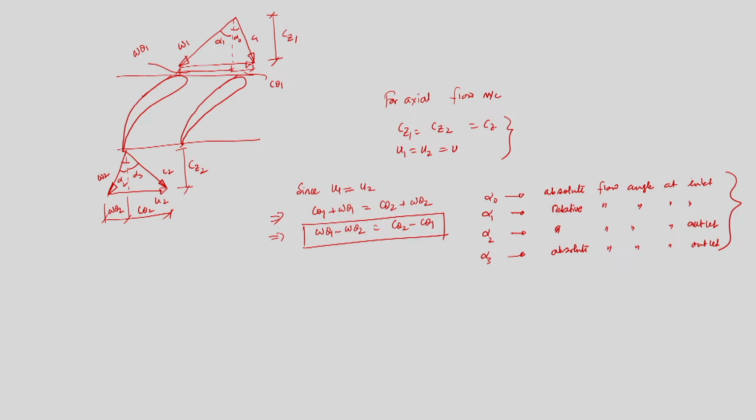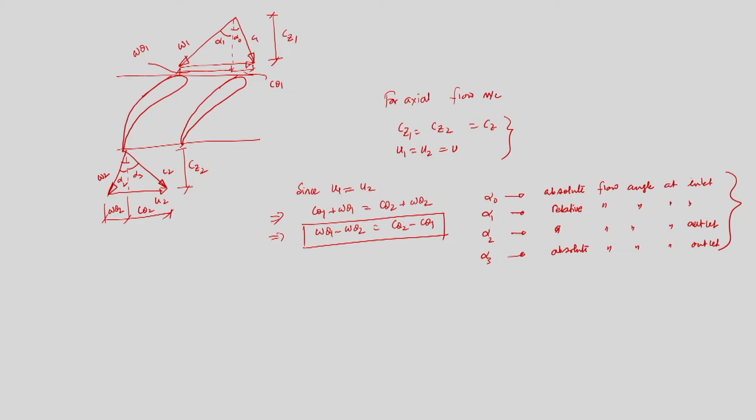Now, with this, let us move to derive the mathematical expression for the degree of reaction. That is very important because, as I said, today we will draw the velocity triangles for different magnitudes of degree of reaction, and we will see how the blade angle and these angles change with a change in the degree of reaction.